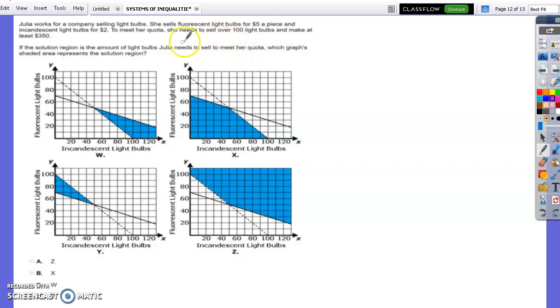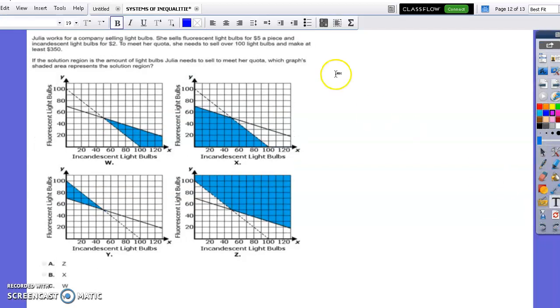She has to sell over 100 light bulbs, which means greater than 100. I'm going to call fluorescent F and incandescent I. So between her fluorescent and incandescent light bulbs, she has to sell greater than 100 light bulbs.